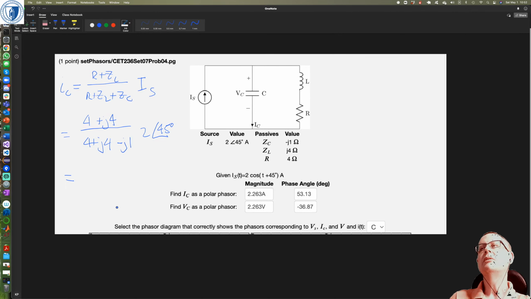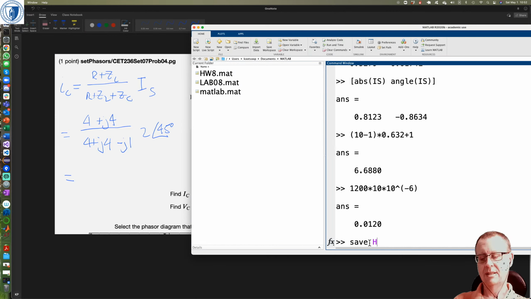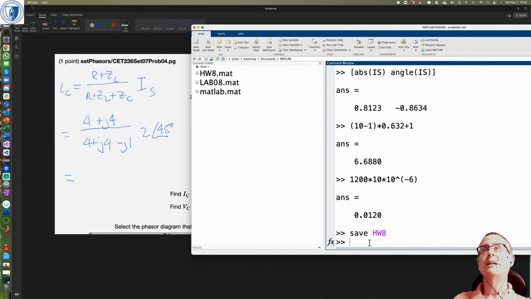And where's Matlab gone? There it is. Right, so to do this in Matlab, I need IC equals 4 plus j4 divided by 4 plus j4 minus j1, which is just that, times 2 times exponential 45 divided by, oh, that's what I meant to say before, on 180 times pi.